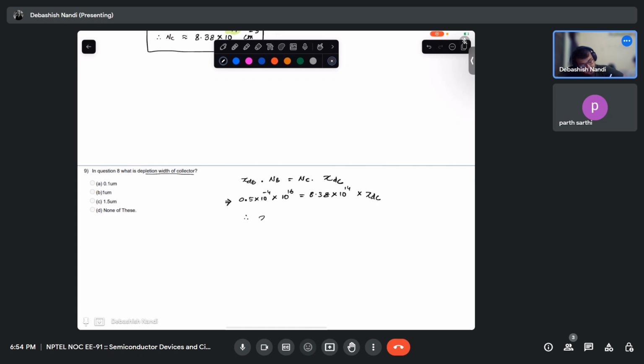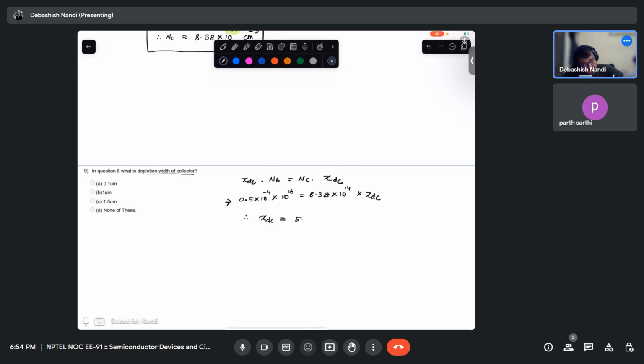Okay. So your XDC you can compute to be 0.5 times 10 raised to 12 divided by 8.38 times 10 raised to 14.